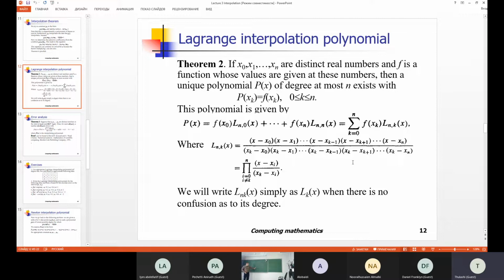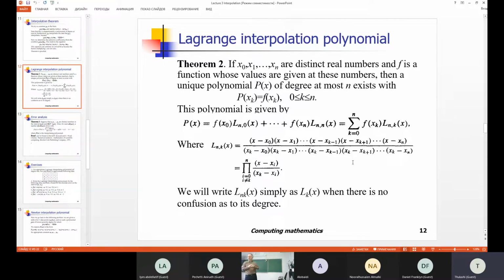So we write these functions L0, L1, and L2 in such a special form that gives us 1 for this point and 0 for other points. So we have 1 times f0 plus 0. So actually P2 of x0 equals f0.